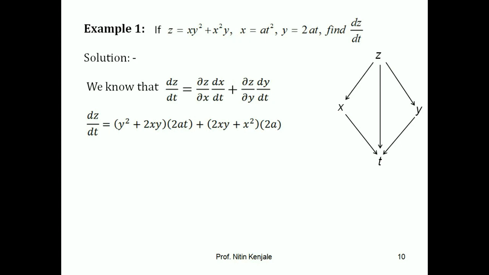dy/dt. Now we will substitute values for ∂z/∂x. It is y square plus 2xy. dx/dt is 2at. ∂z/∂y is 2xy plus x square, and dy/dt is 2a. Now substituting for y and x, we get dz/dt is this.